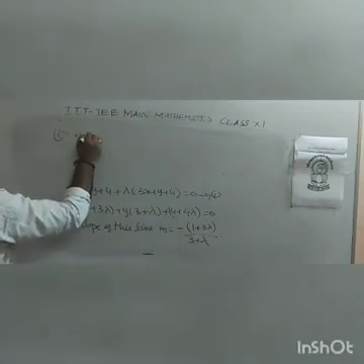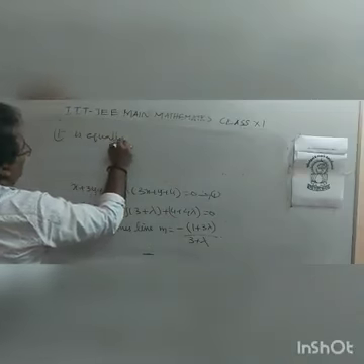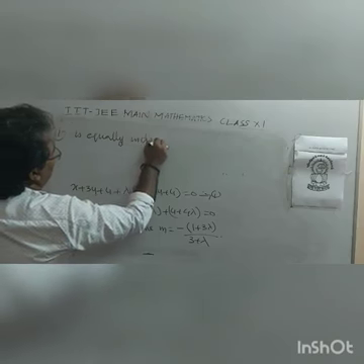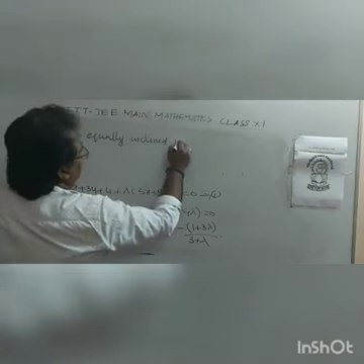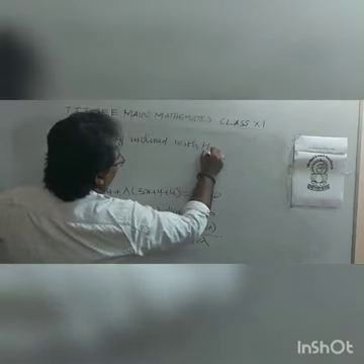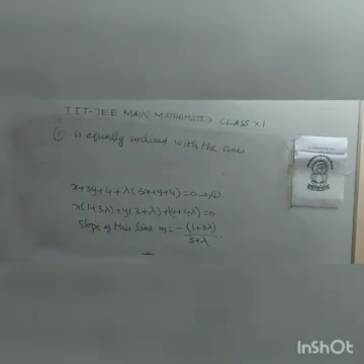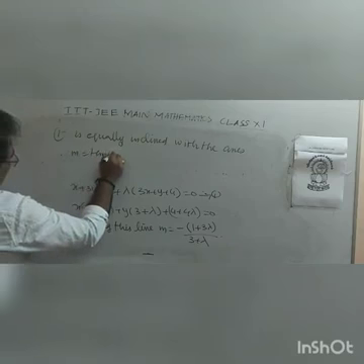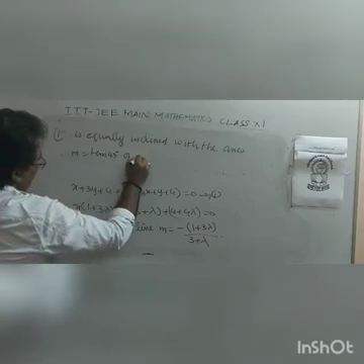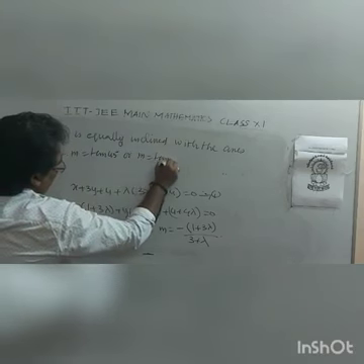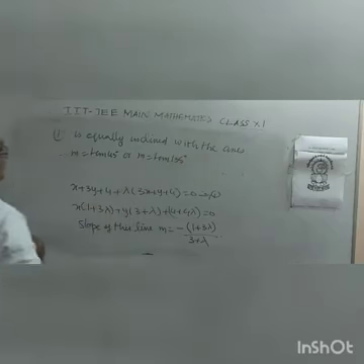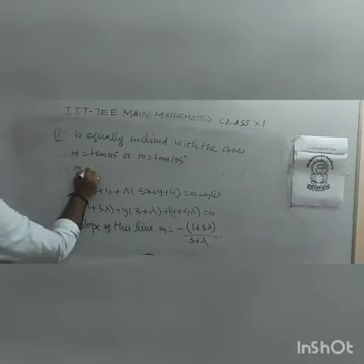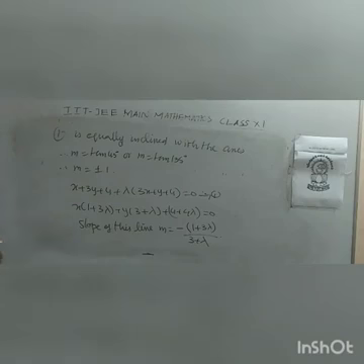The line is equally inclined with the axes. Therefore, m equal to tan 45 or m equal to tan 135. Therefore, m equal to plus or minus 1.